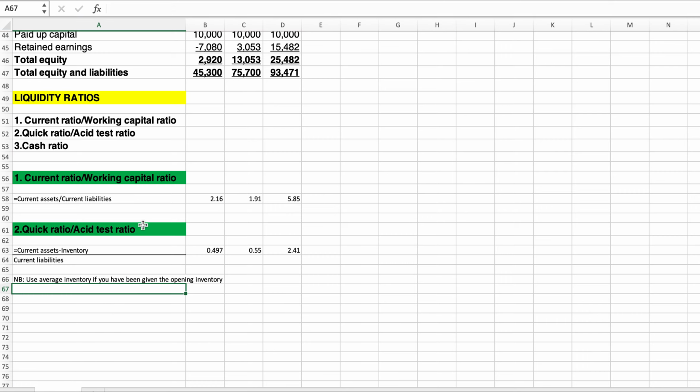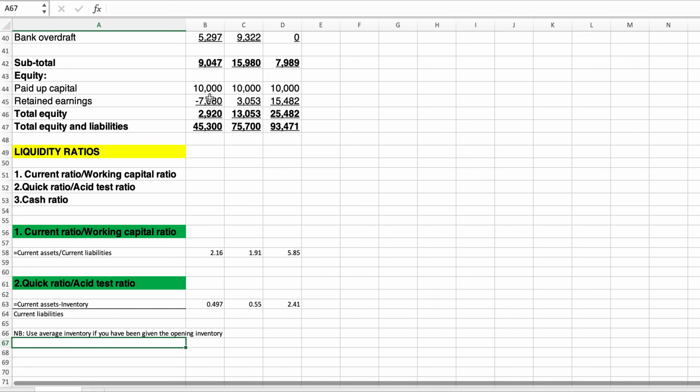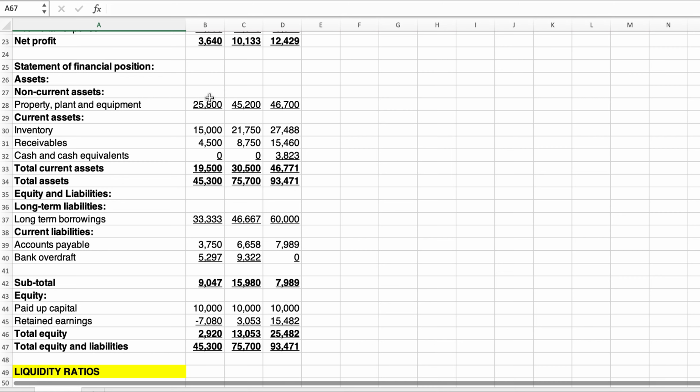Otherwise, if you have not been given the opening inventory, then you will just use the closing inventory there.